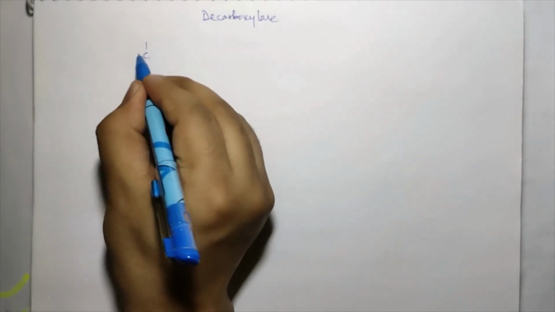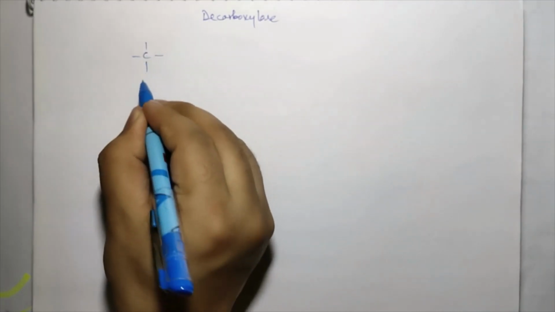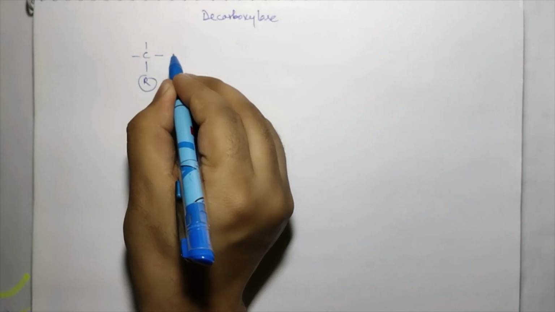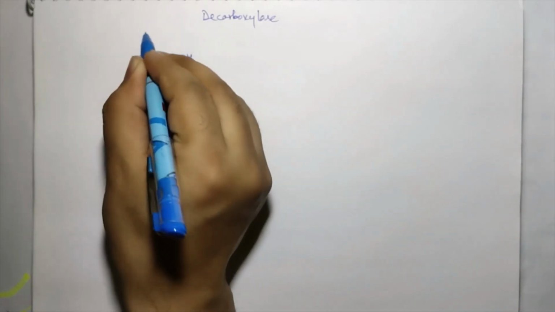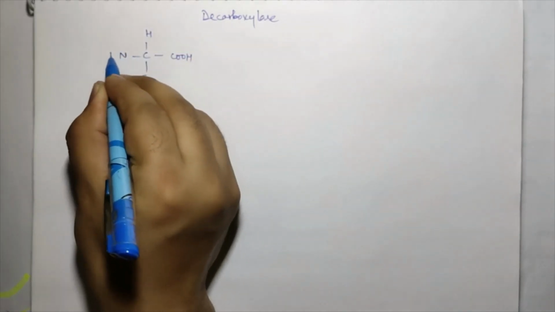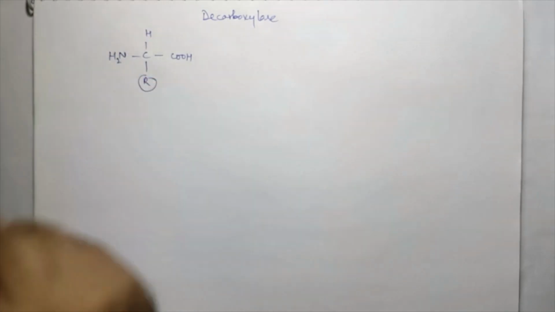Suppose this is the structure of an amino acid, having a carboxyl group and its own amino group.